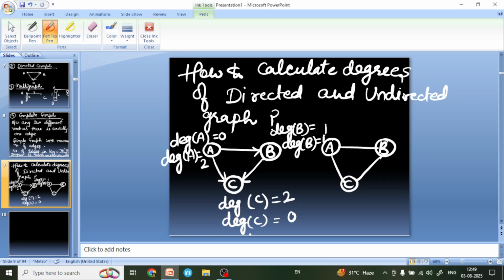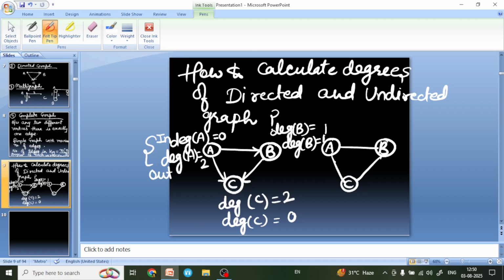What is the difference between all these degrees? You can see I have written 2 degrees here. One degree is known as in degree, and the other is out degree.